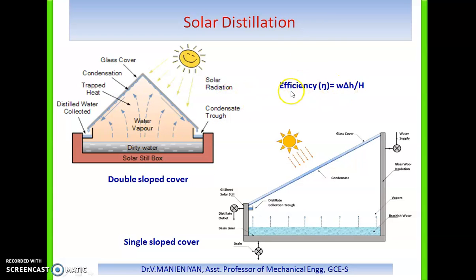The performance efficiency is W times del H divided by H, where W is the weight of distilled water per square meter per day, del H is the enthalpy change from cold water to vapor, and H is the solar radiation intensity per square meter per day.